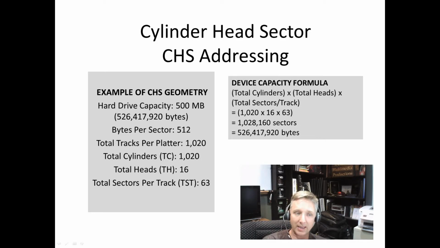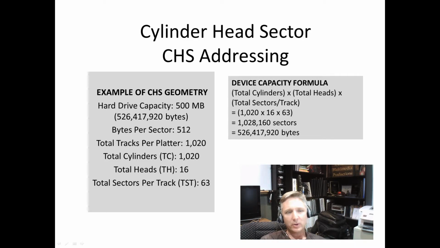It says total heads is 16. That tells me that there are possibly 8 platters in this disk, each with a top and a bottom, so there are 16 heads. And the total number of sectors per track is 63.